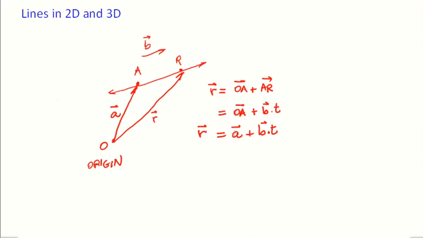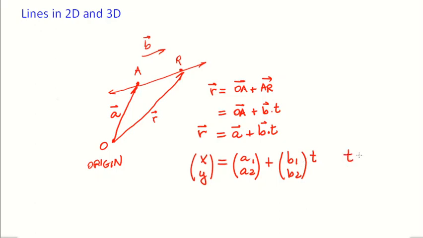If you express all the components, you would have x, y, the position of any point in this line, given as a1, a2, the components of the point that we know, plus b1, b2 times a coefficient t.